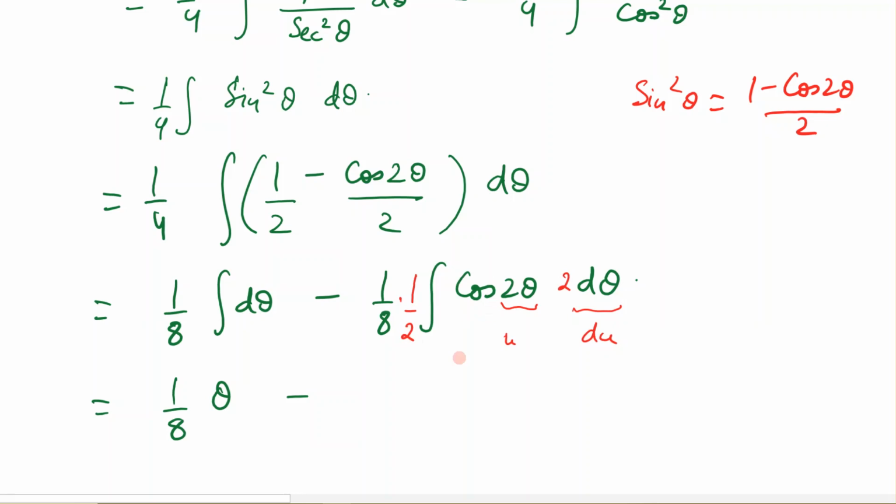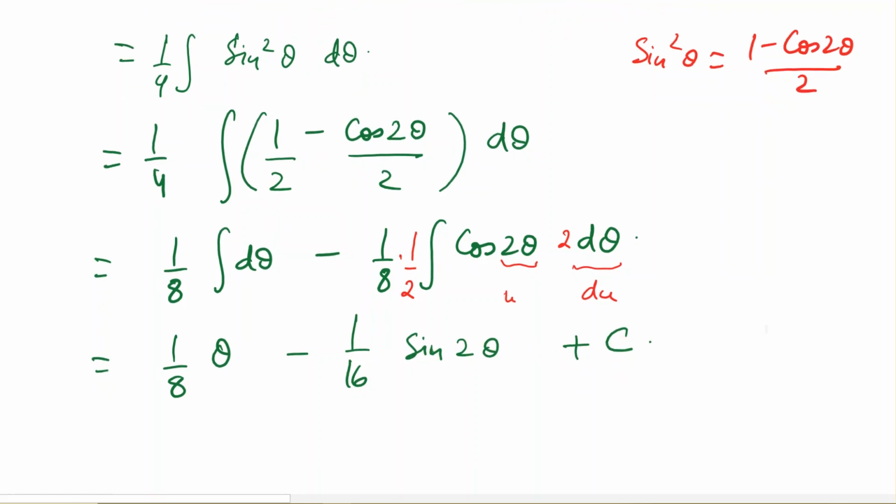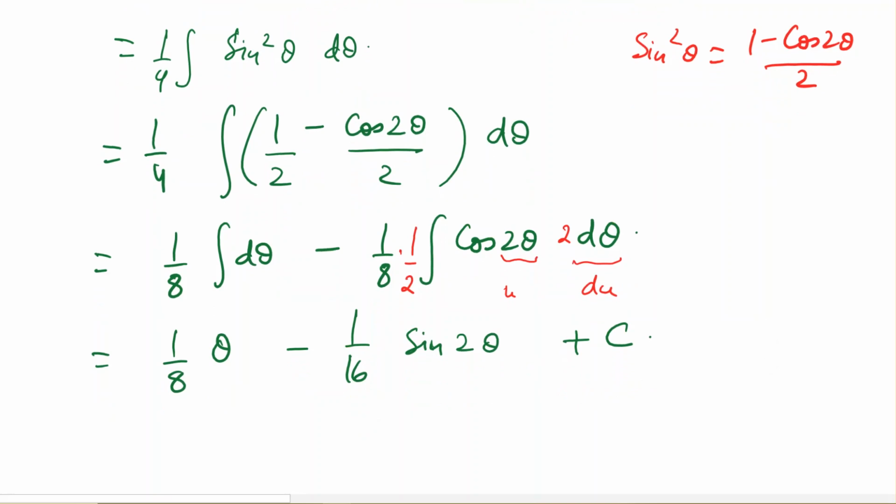So we got the integral of cos u du, which should be sine u. In other words, which should be sine of 2 theta. So we got 1 over 16 sine of 2 theta plus c, since this is our indefinite integral. So in the end, we put back everything in terms of x.